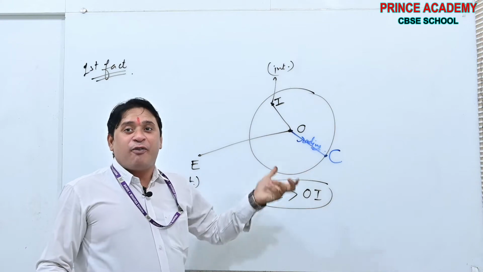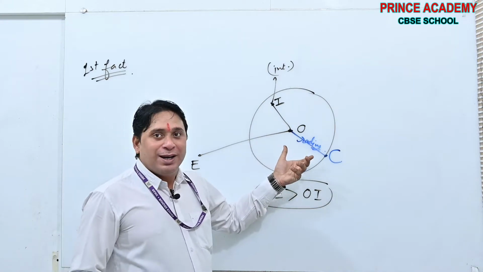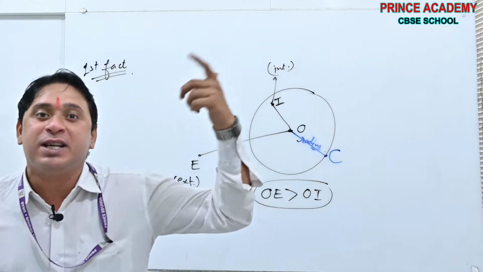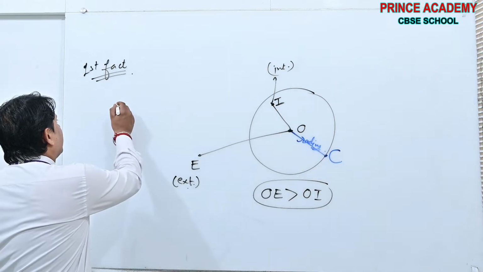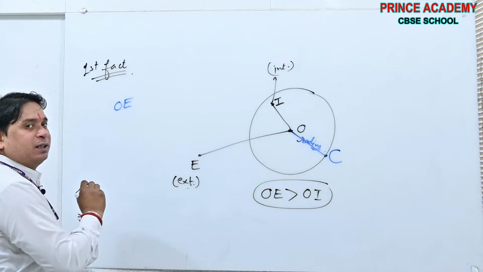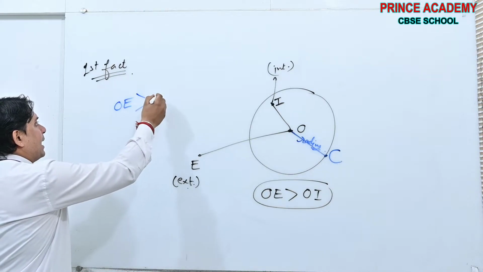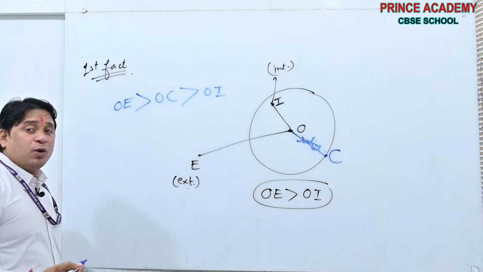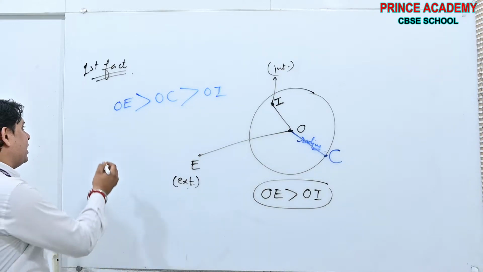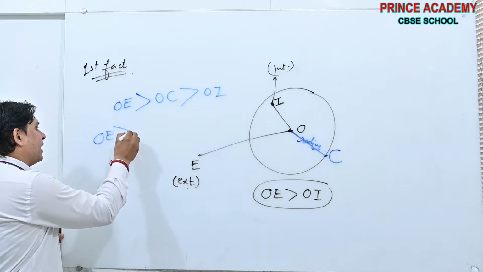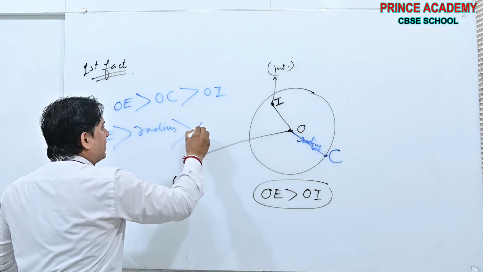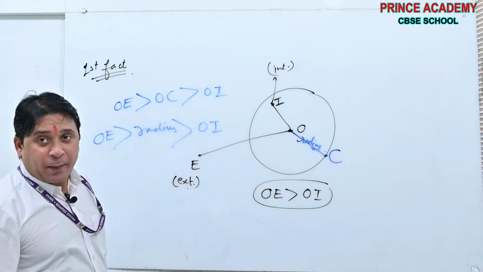What if we want to arrange them in ascending or descending order? Can I write OE is greatest, then OC, then OI? Yes or no? What does it mean? OE is greater than the radius, greater than OI. Are you getting my point?